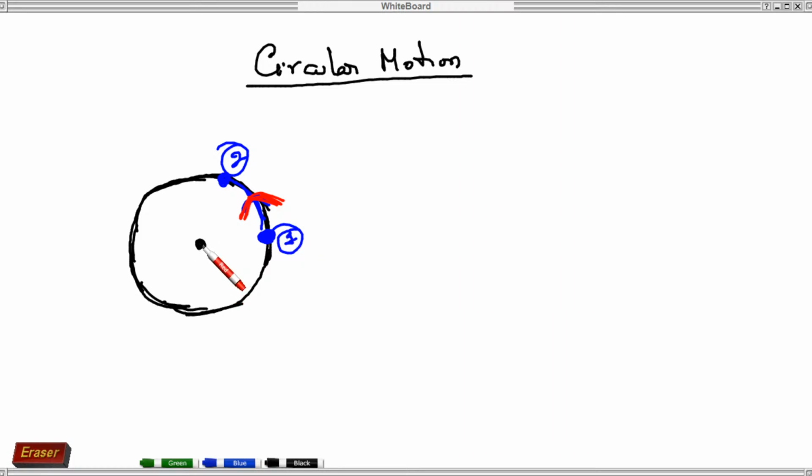So suppose during this time it traveled an angle, as seen from the center of the circle. Suppose delta t is the time it took to travel from point 1 to point 2, along this path.